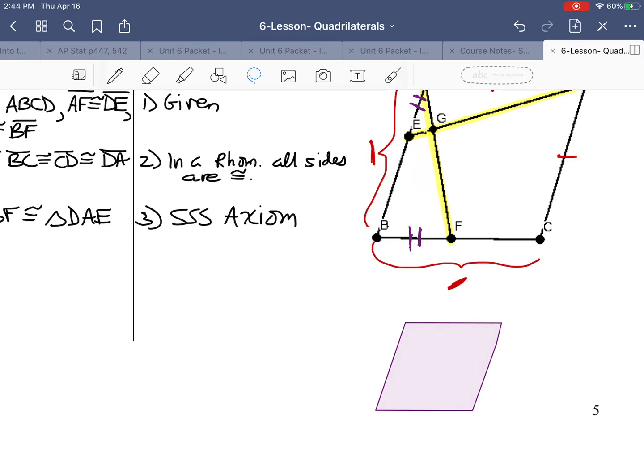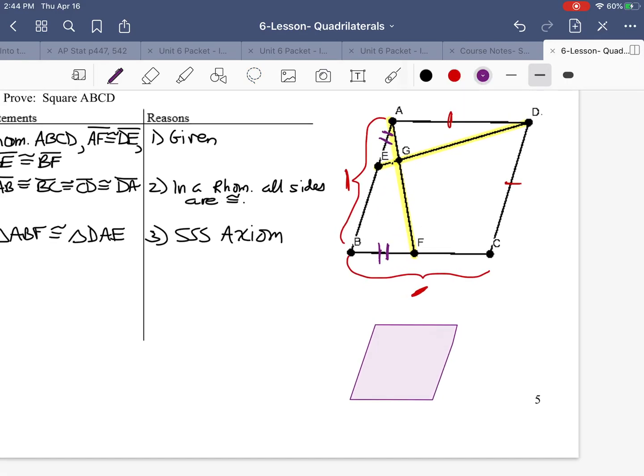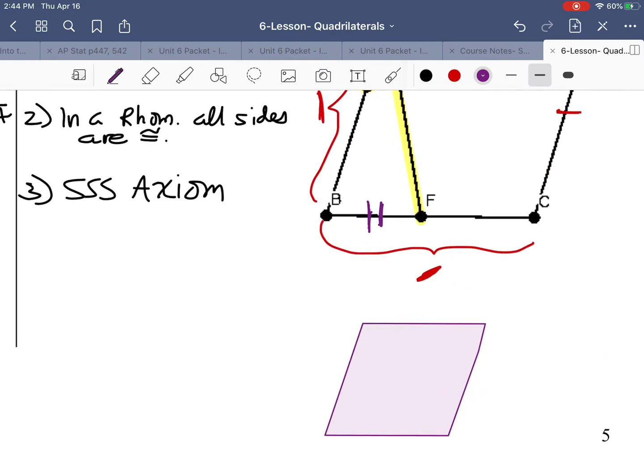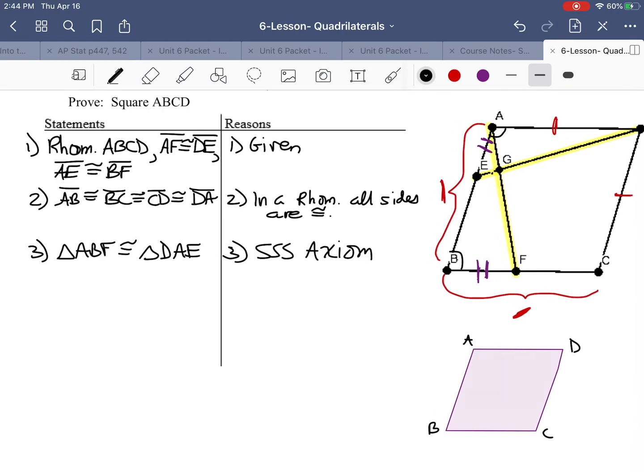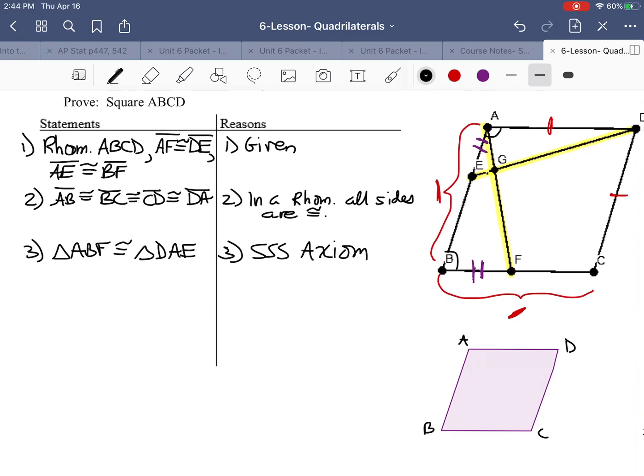It doesn't need to necessarily be the same size. So I'm going to label it A, B, C, D, starting here. Okay, so from all of this, we've proved that these two angles are now congruent because of CPCTC. So I'm going to label that up.